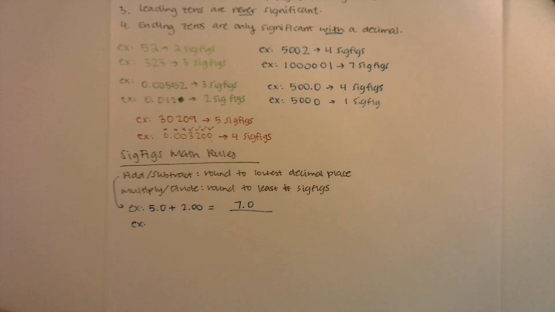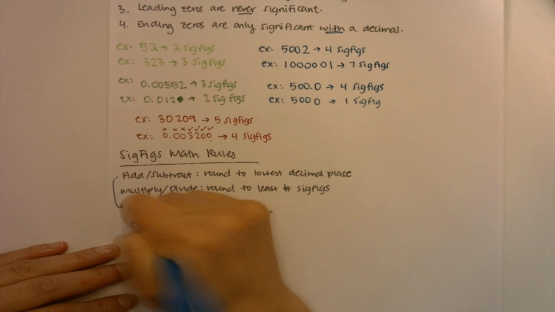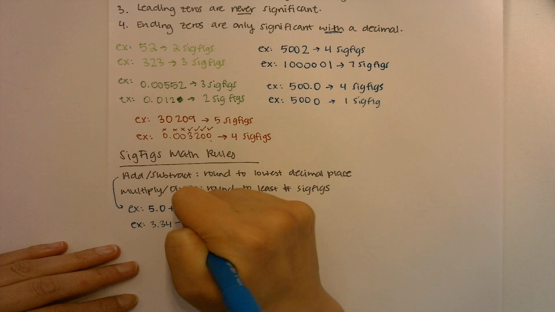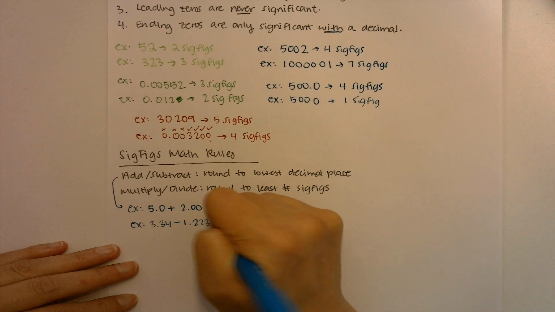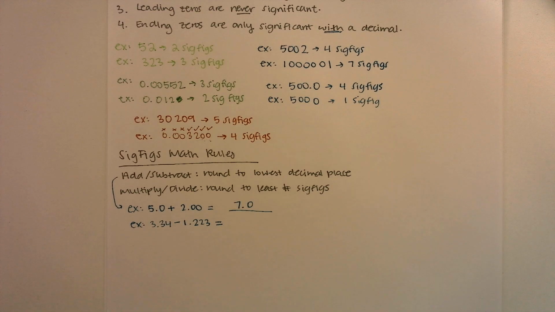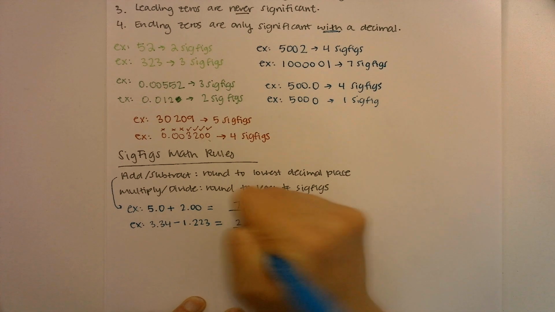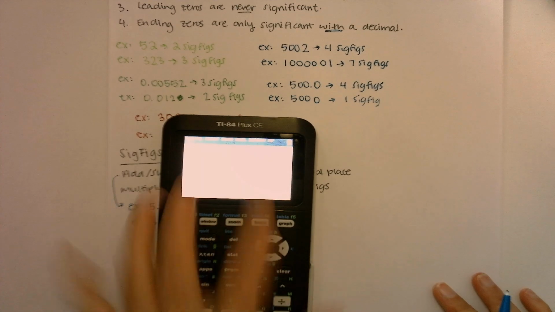If I give you another example where you actually may have to use a calculator, let's say 3.34 minus 1.223 equals. When you plug this into the calculator, simple subtraction, I'm just going to write the full answer here: 2.117. That's exactly how I got it in the calculator.